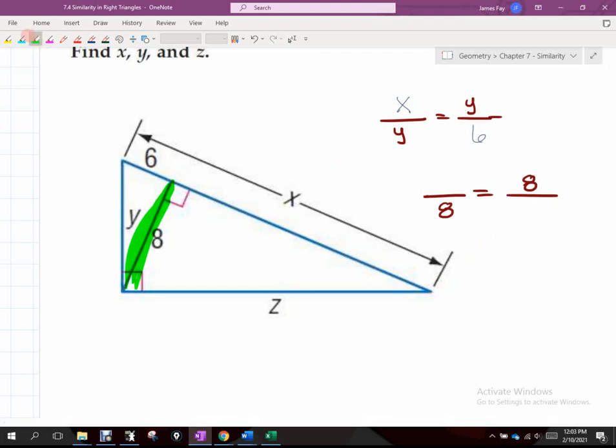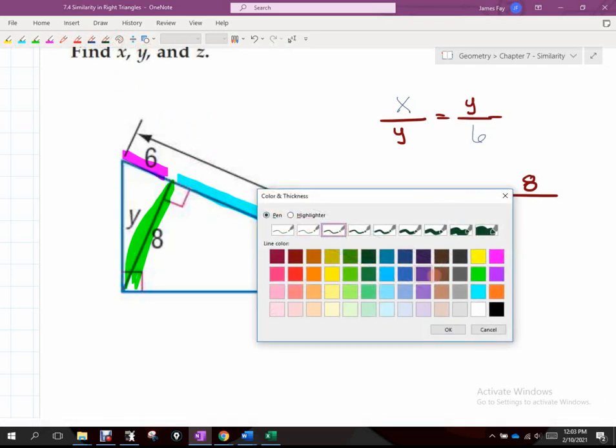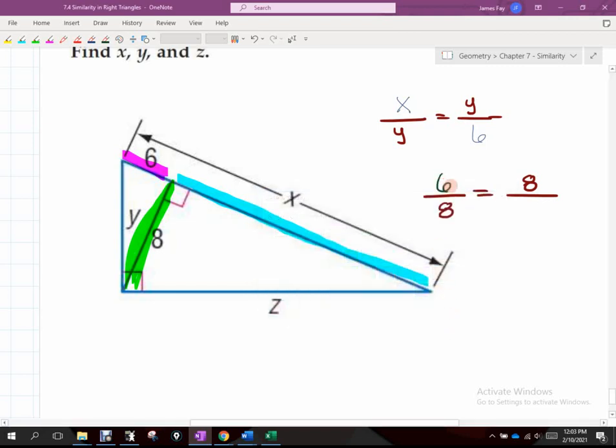Now, it should be the geometric mean between that distance and that distance. So what is that purple distance? 6. What is the blue distance? X minus 6. You have to use the segment addition postulate there.